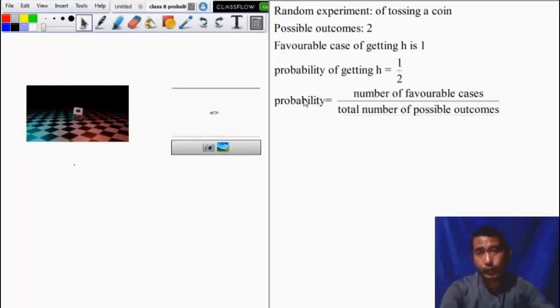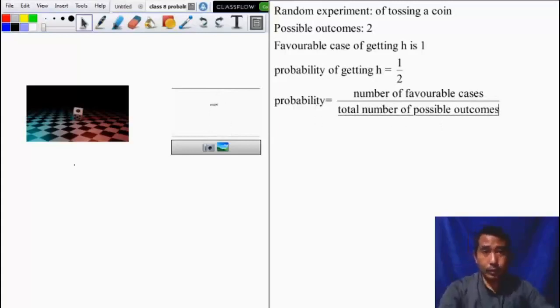It is just a ratio of these two quantities.